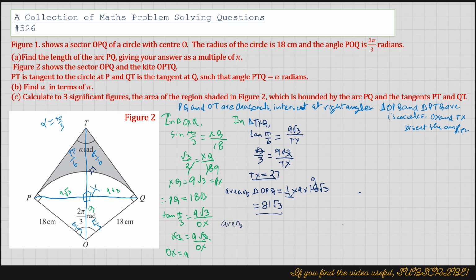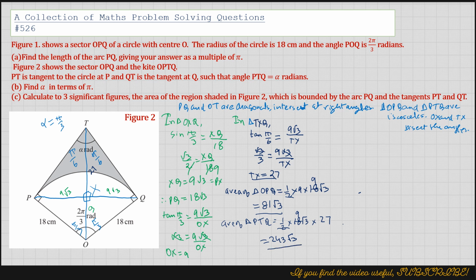Then area of triangle PTQ equals half times 18 root 3, the base is the same, multiplied by the height, which we got as 27. So 27 times 9, 243 root 3. So that is the area.